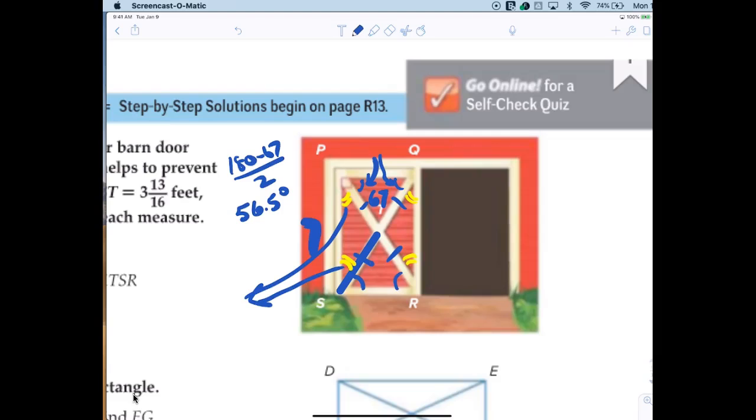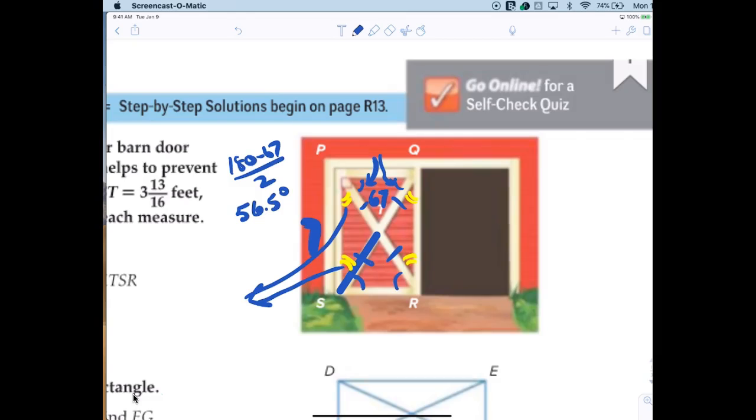No. Think about it. Tell them the quickest way. Someone tell them a really super easy way. 90 minus 56.5. Everybody see that? 90 minus, you're correct, what you said.